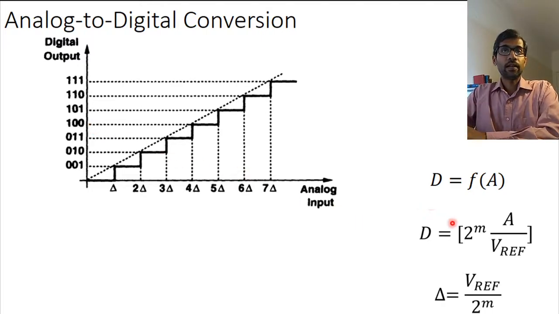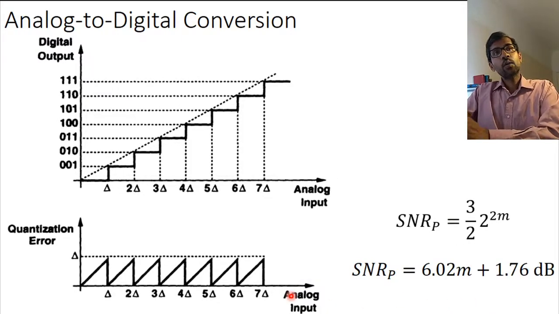Now, of course, in this case, the digital output is basically 2 to the power m times a, which is your analog value, divided by Vref, where Vref is basically the range of your analog input that you can give, right? So each interval here, delta, is Vref over 2 to the power m.